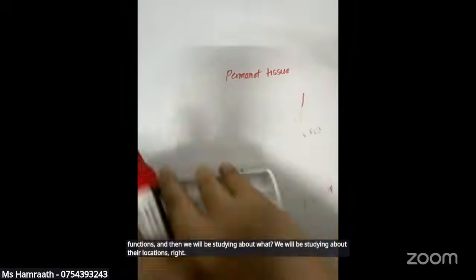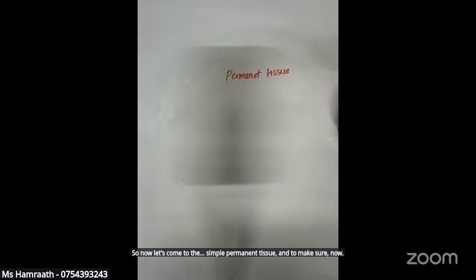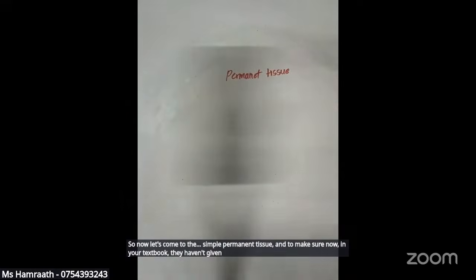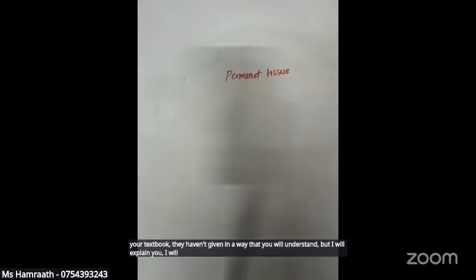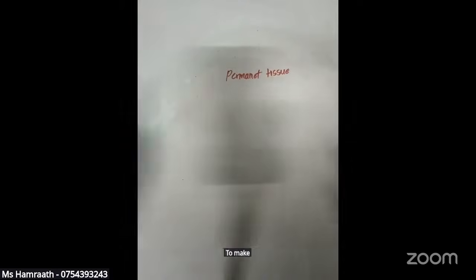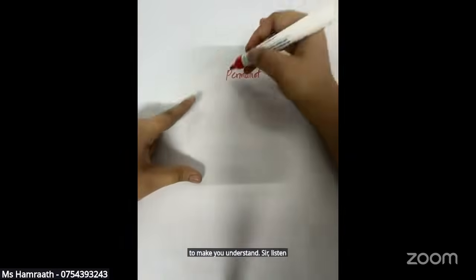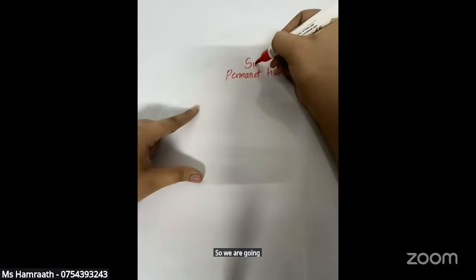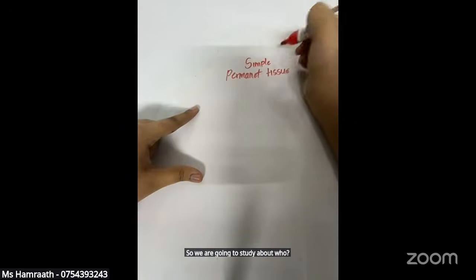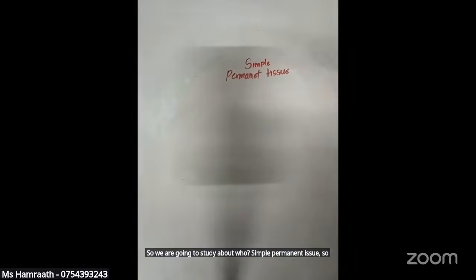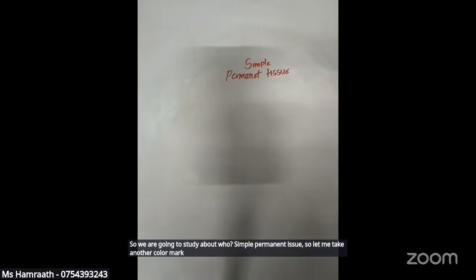So now let's come to the simple permanent tissue. In your textbook, they haven't given it in a way that you will understand, but I will explain. I will compare all three of them to make you understand. So listen to me carefully. Let me take another color marker to write down the three types.